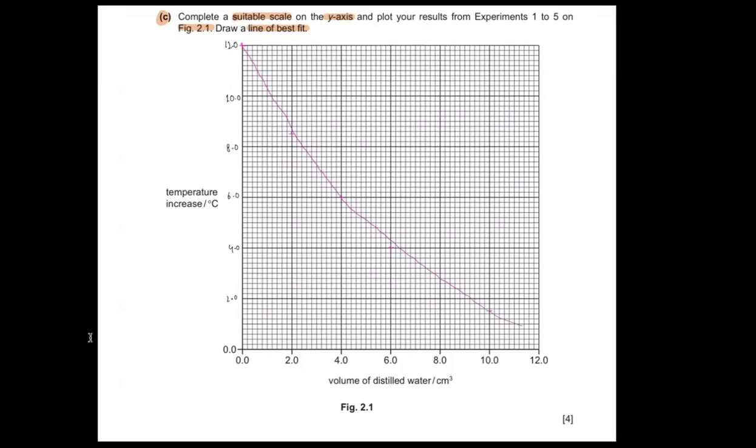And let me go through its examiner report. Because you can see over here, if you make a curve, then you can easily identify how much the temperature change would increase when volume of 7.5 centimeter cube has been added. Let me check its examiner report. Just give me a minute.